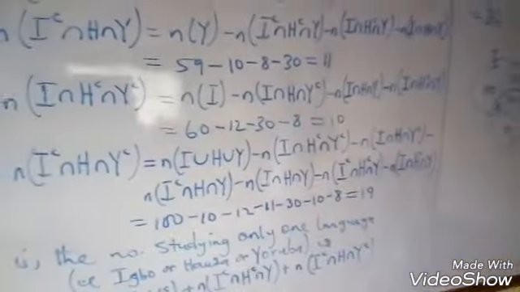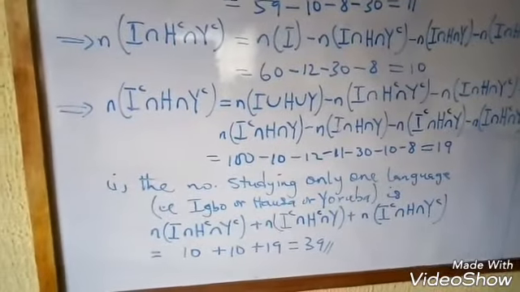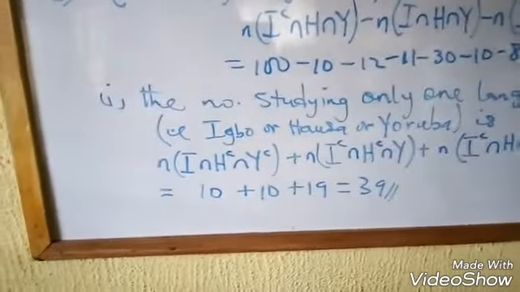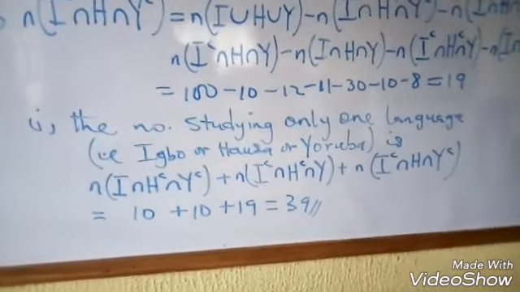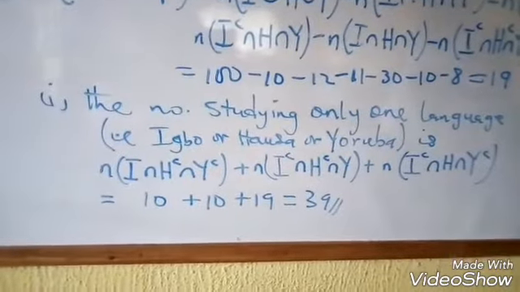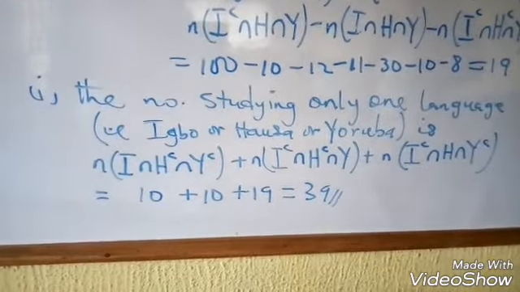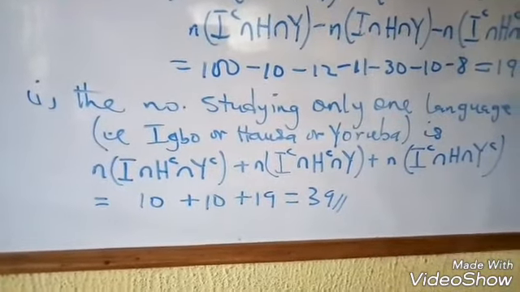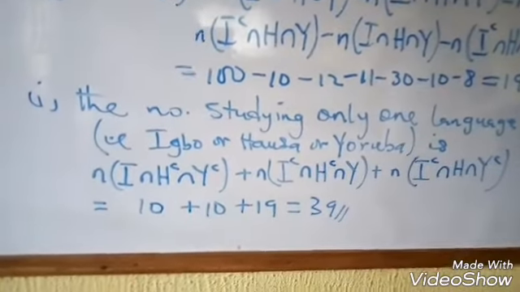But going back to the question again, the number studying only one language. That is what the question says: determine the number studying only one language. There are three languages. The number studying only one language can be Igbo, Hausa, or Yoruba, which means n of I only plus y only plus h only.